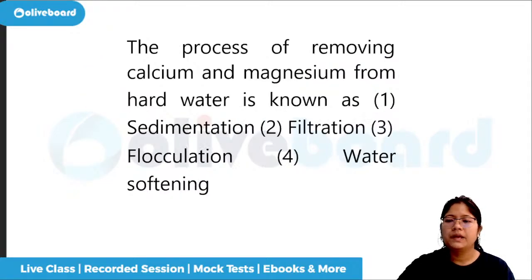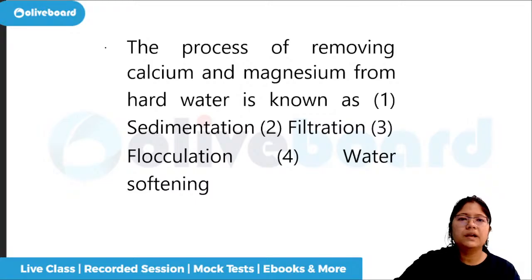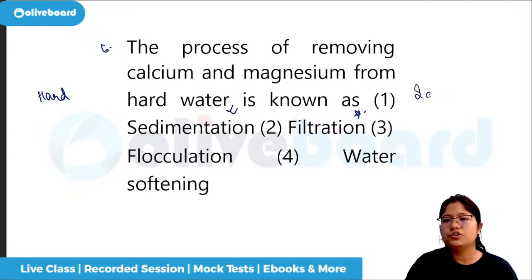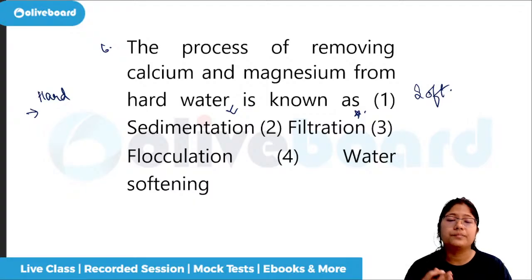All right. Next question. The process of removing calcium and magnesium from hard water is known as. Now, you can have hard water or there can be soft water. What gives the name hard is the presence of many minerals and rock salts, etc. in this particular water.